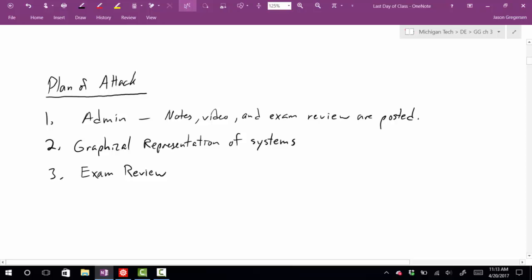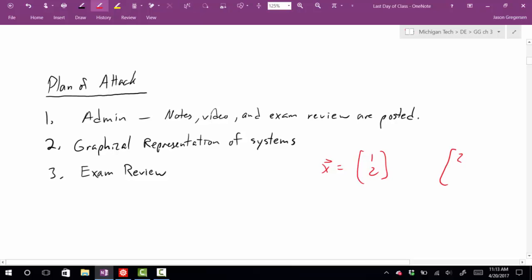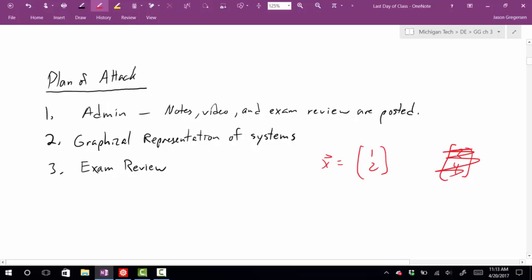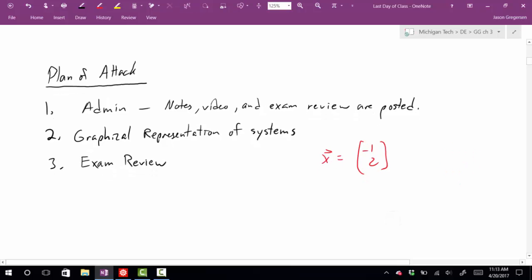All right, one other administrative note. Turning to the systems quiz. We said if the eigenvector was 1, 2, right? Any multiple of that is also an eigenvector. We're good. If you had -1, 2 as your eigenvector, -2, 4 is also an eigenvector. Looks like my graders are pretty good at understanding that.